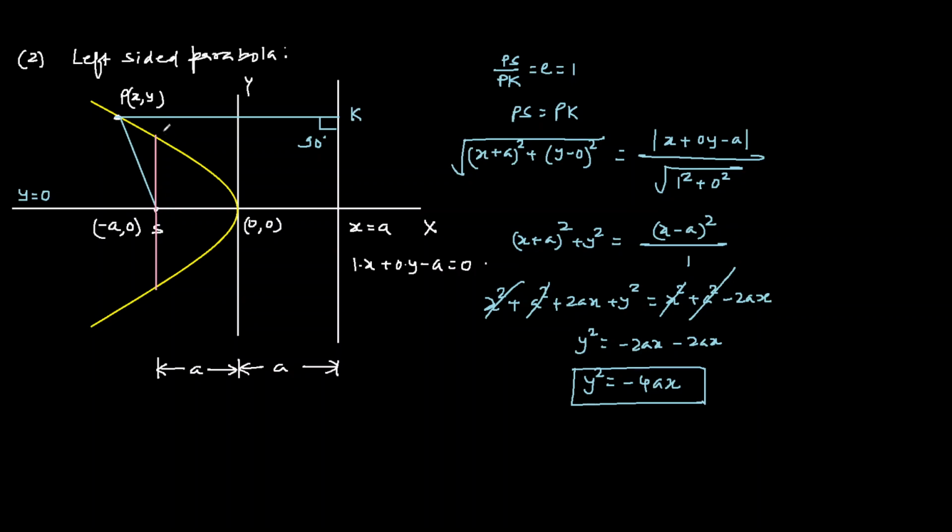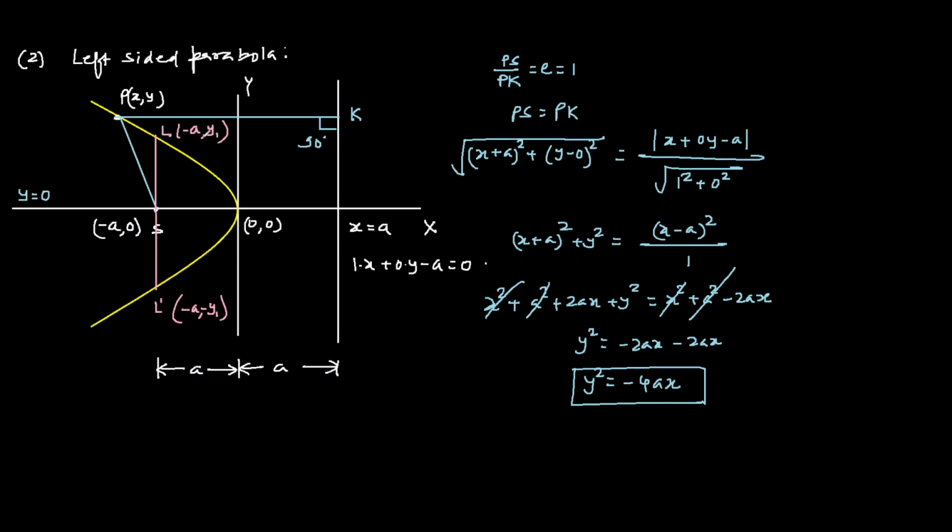The endpoints are L and L dash. So we can write the coordinates for the endpoints of the latus rectum: L is minus a comma y1, and L dash is minus a comma minus y1, and the endpoints are lying on the left-sided parabola. It means these 2 points will satisfy this equation.